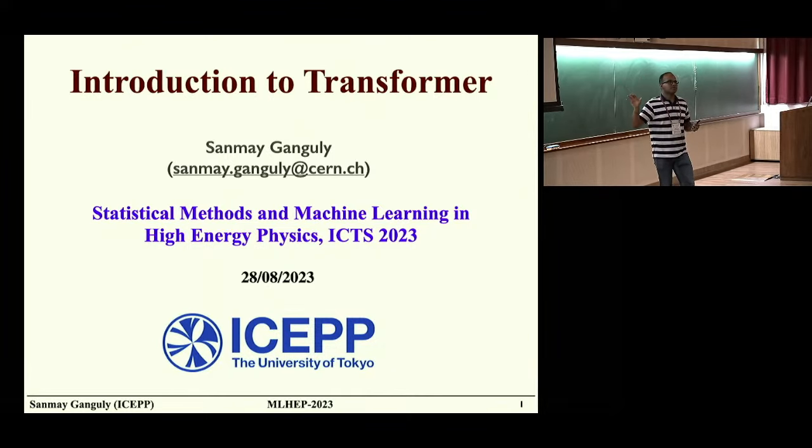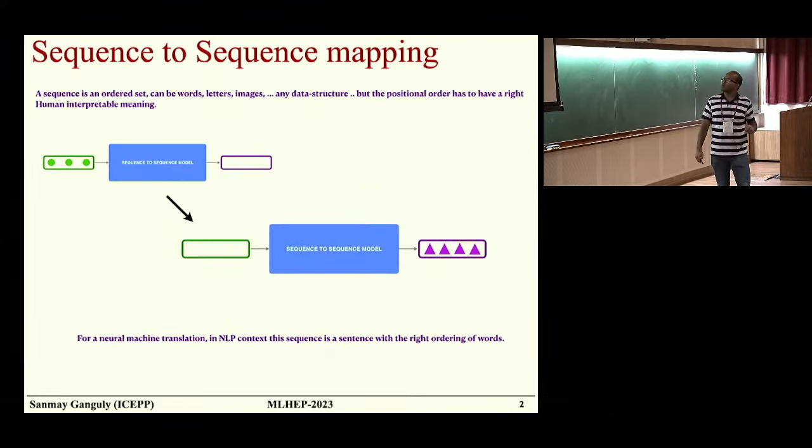So let's start with what sequence to sequence modeling is. Now you must be familiar at least that all this machine learning driven translation, or when you see text generation, etc., this neural network acting on human languages, they are something called transformer. So at the core it is mapping a sequence to a sequence. What does it mean? Think of the following.